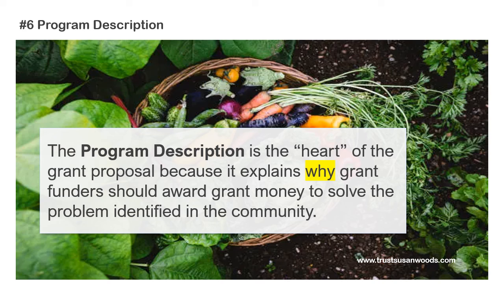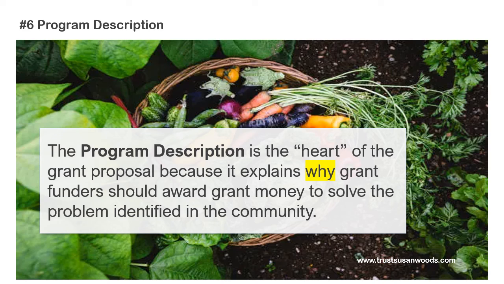So, what does that mean? Just think about it. What does it mean to create a community garden? What do you need? How will you implement it? How will you do the work? That's what you want to disclose in the program description because it is the heart. We're going to create a community garden and we're going to describe the who, what, where, when, why, and how in this program description.